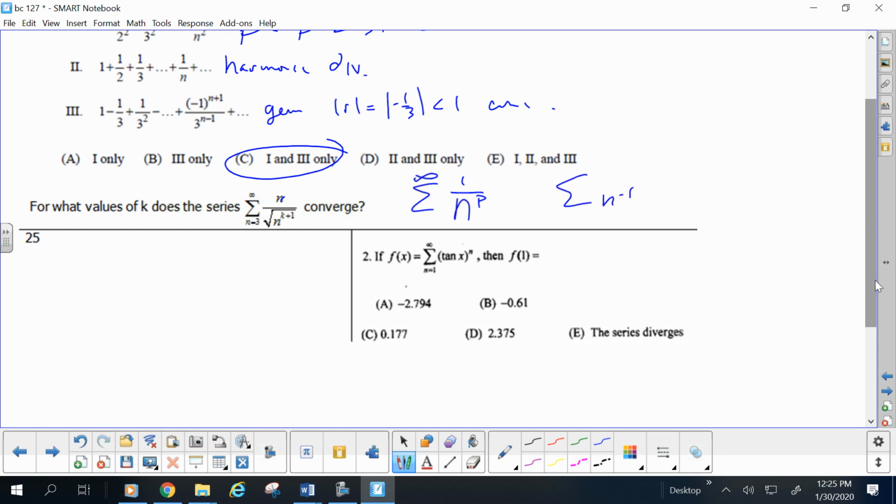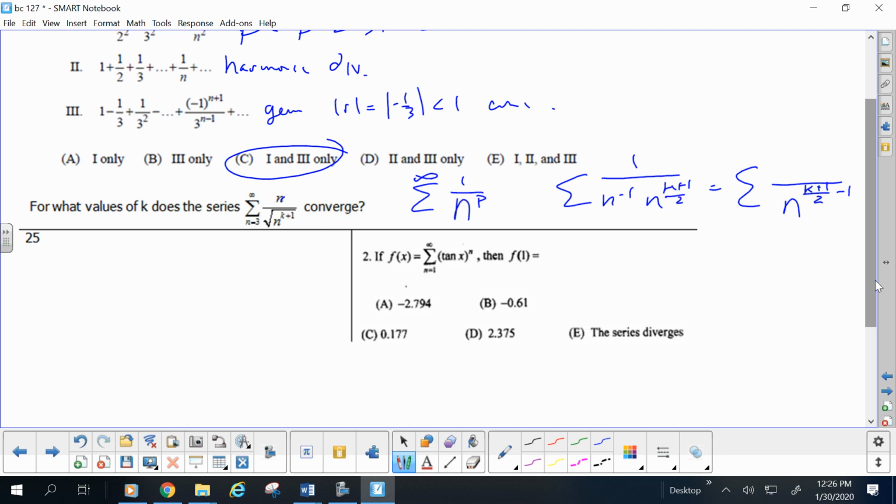And what about the power of the other n? k plus 1 over 2. Now if I combine those further, what's the total combination power? n to the... What do I do when I multiply with exponents? Add them. So I'm looking to add (k plus 1)/2 minus 1. Now it looks like a p-series.